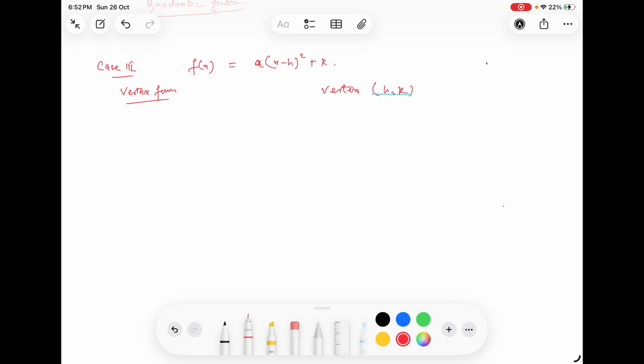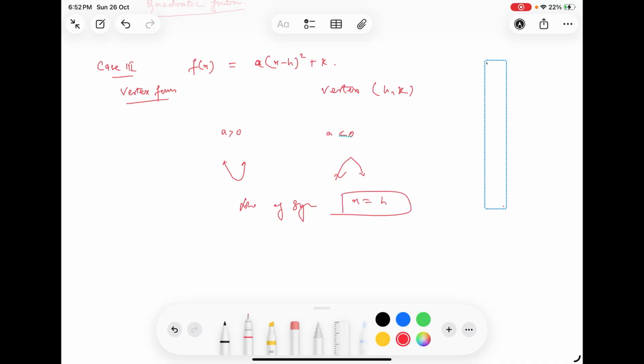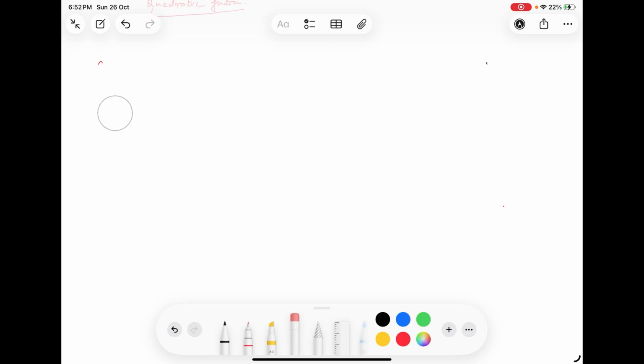Here also, if a is positive, it faces upwards. If a is negative, it faces downwards. Line of symmetry is x equal to h. Okay, let us go to the questions.